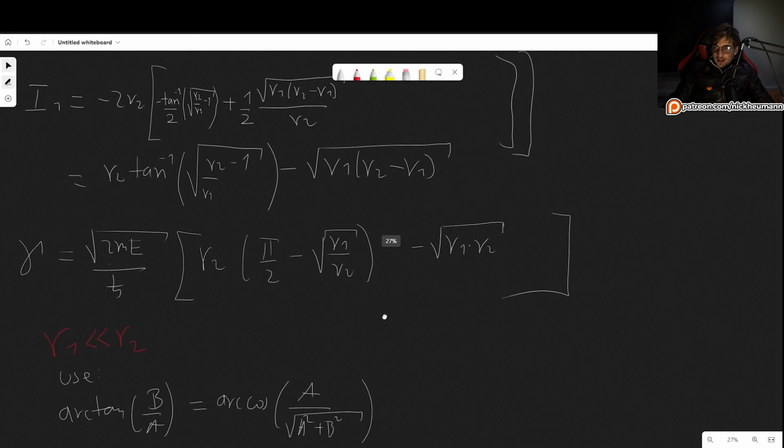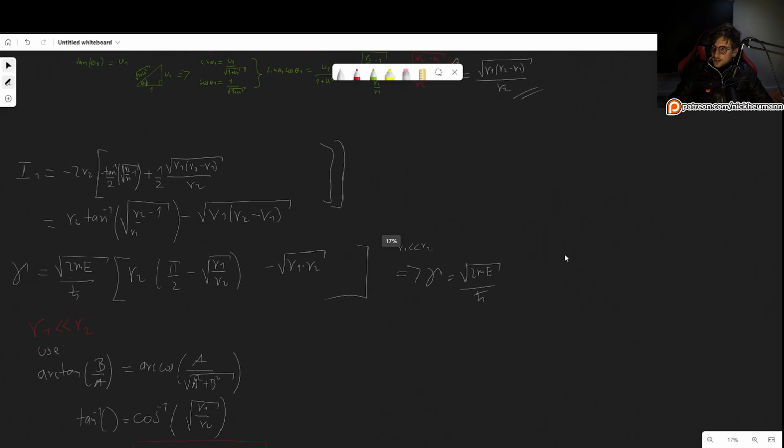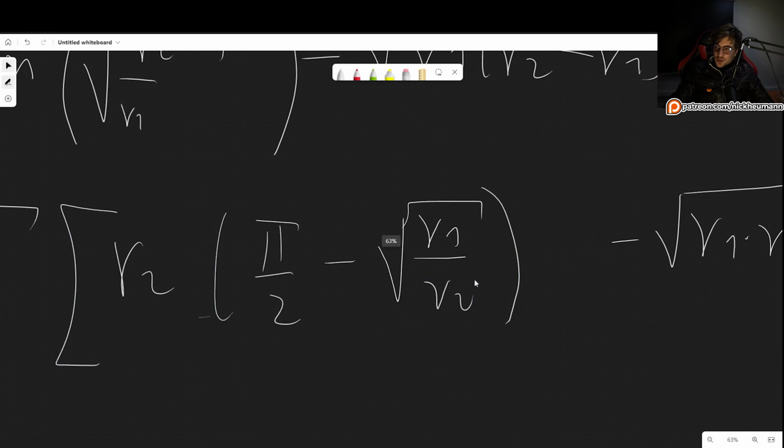Okay, so then what do we have? Let's continue. Gamma in this limit, where r1 is much, much smaller than r2, we get our constants, 2me divided by h bar, and then we have R2 times pi over 2, minus, notice that we now multiply R2 times the square root of R2.